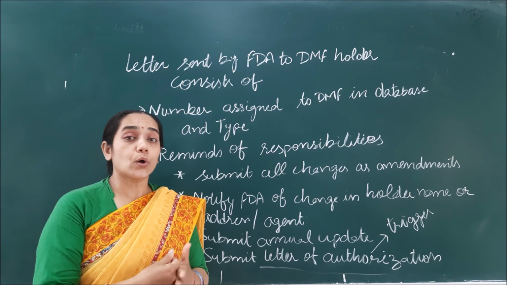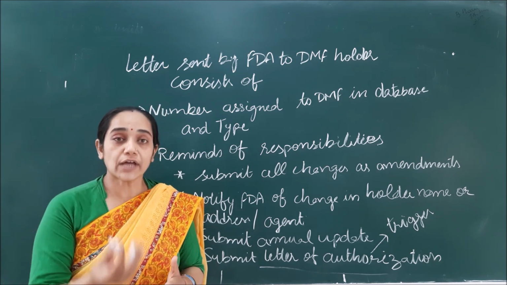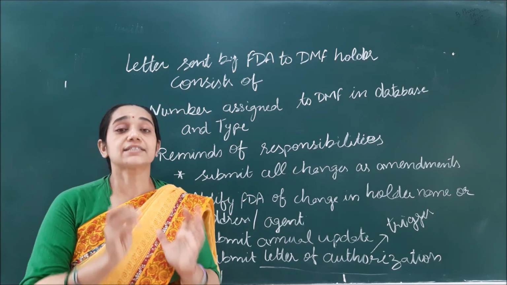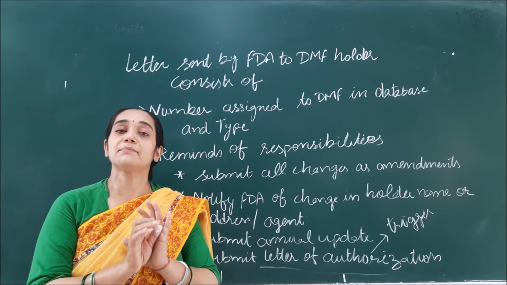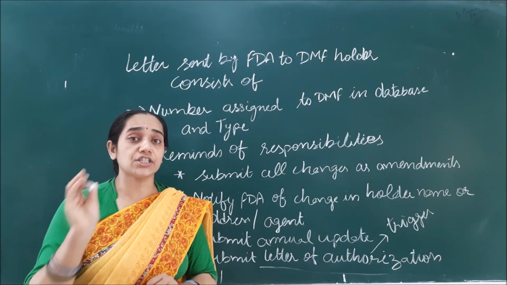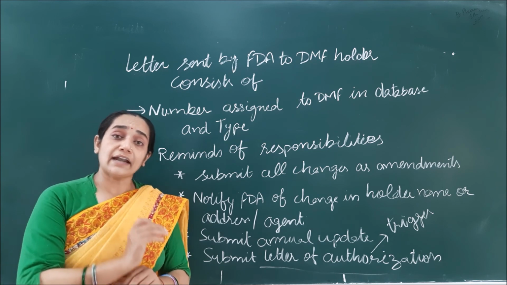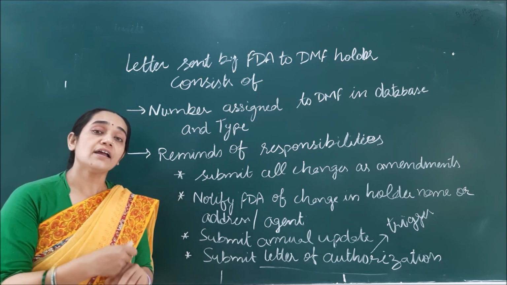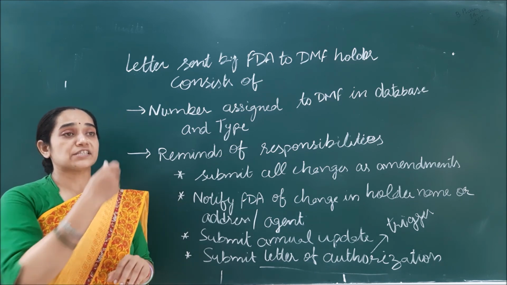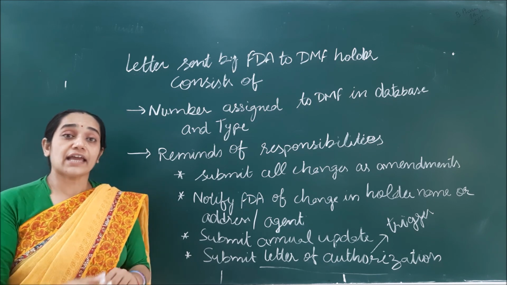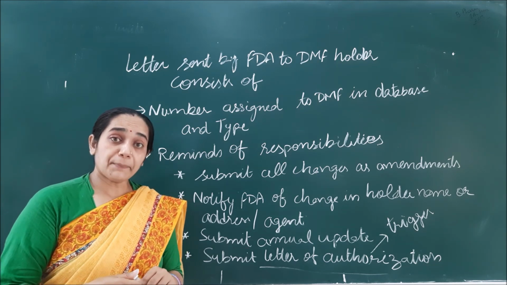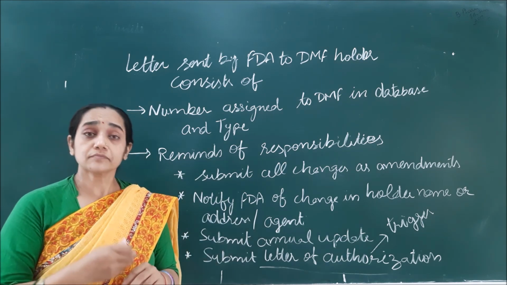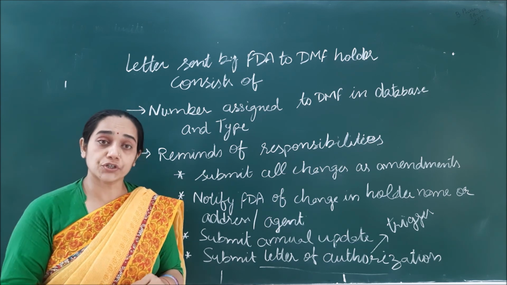But if the holder sends a letter to the FDA with information that this DMF has no change, meaning the drug master file doesn't require any change, it is current, and it still fulfills the requirements and all the specifications are the same as specified in the earlier submitted DMF, then the FDA will keep it in the central documentation room and it will be further processed and referenced for the further duration of time.